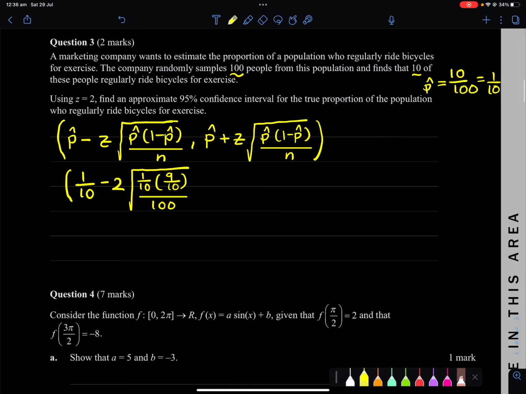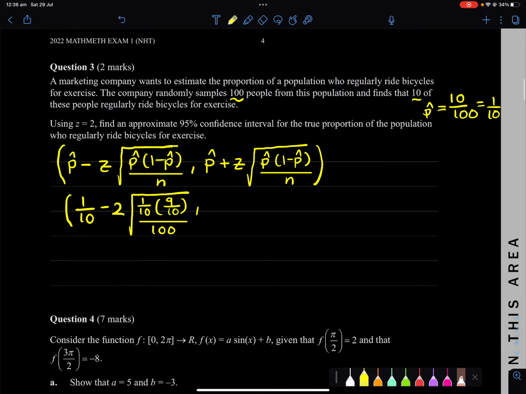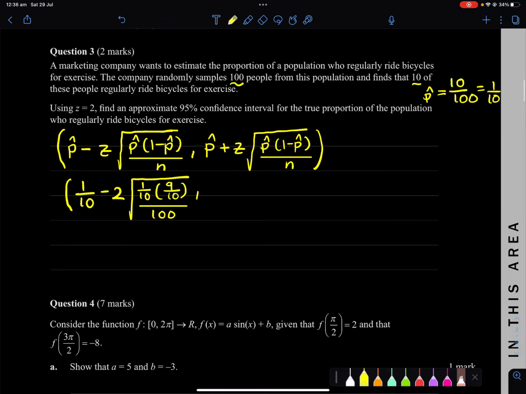Because it's 2 marks, I can rewrite the same thing: 1 over 10 plus 2 square root of 1 over 10, 9 over 10, all over 100.